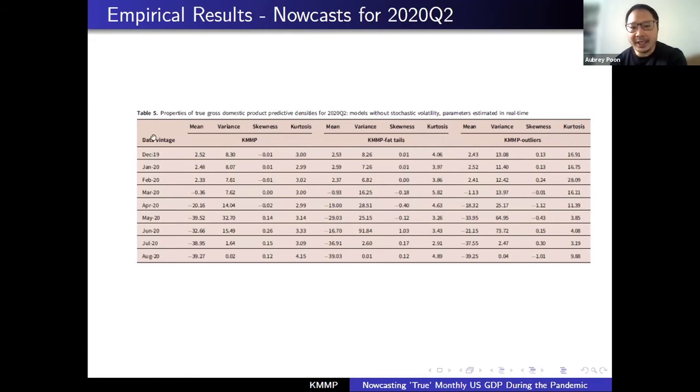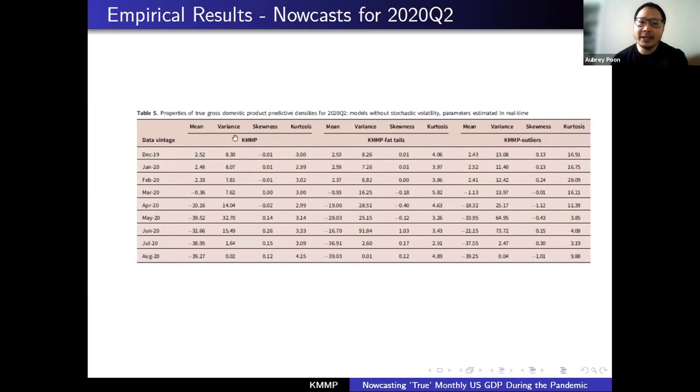This table shows the nowcast predictive densities based on these three models and the different data vintages.